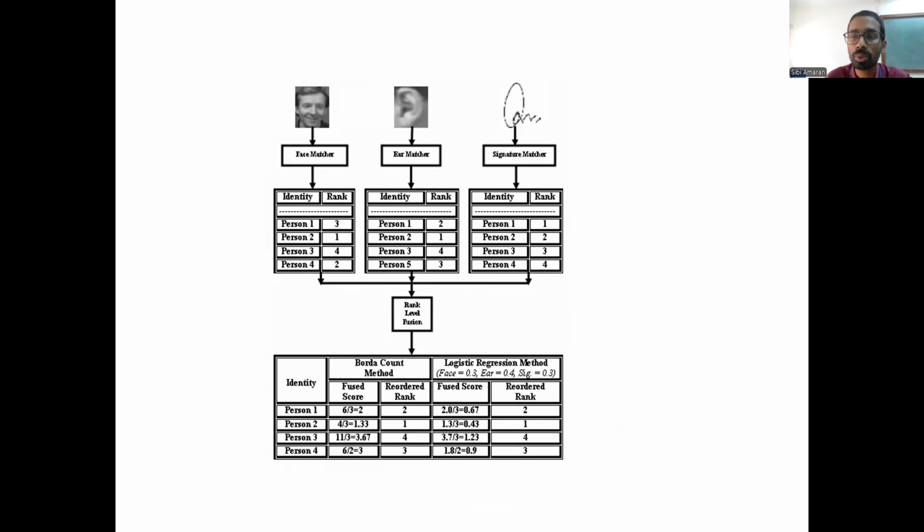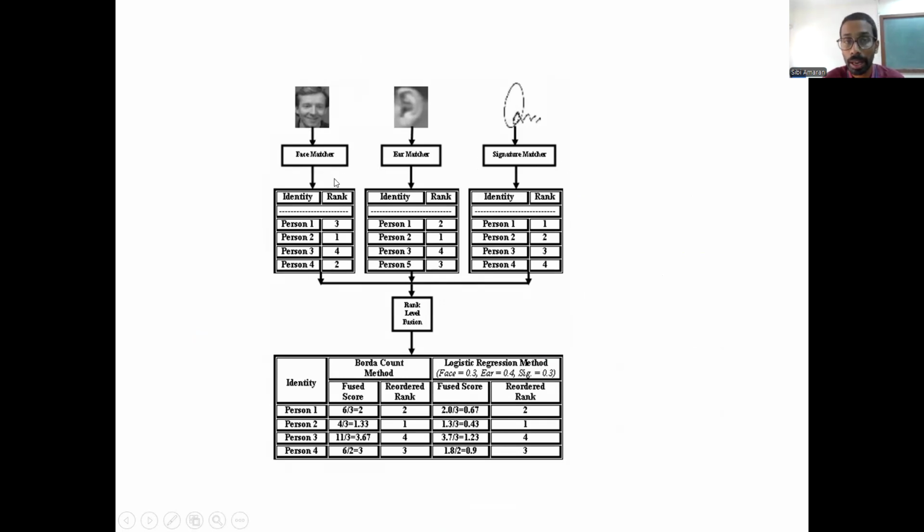So I'm taking multiple persons, and I'm going to use three traits for each person. For person one, I'm going to use three traits: face, ear, as well as signature. For person two, again three traits: face, ear, as well as signature. For person three, again face, ear, as well as signature.